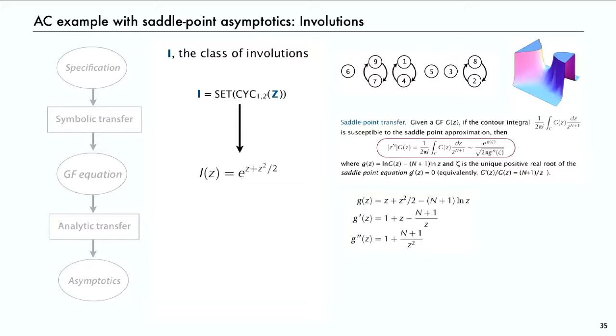We take z + z^2/2 minus (n+1) log z, because of the z^(n+1) that we put in for Cauchy's formula. The saddle point is where the first derivative is equal to 0, and that turns out to be a quadratic equation in this example, and it's about square root of n minus 1/2.